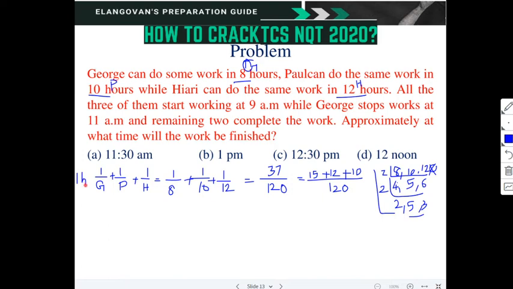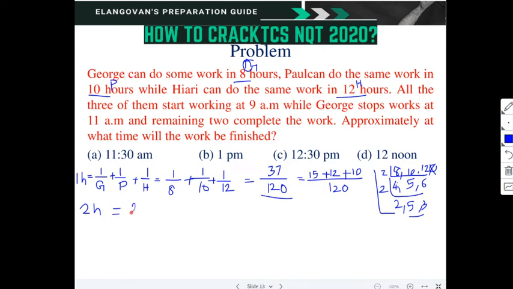If all the three are working for 1 hour, this is the part of work completed. How much time are they working together? 9 a.m. to 11 a.m., so there are 2 hours. All the three worked for 2 hours.